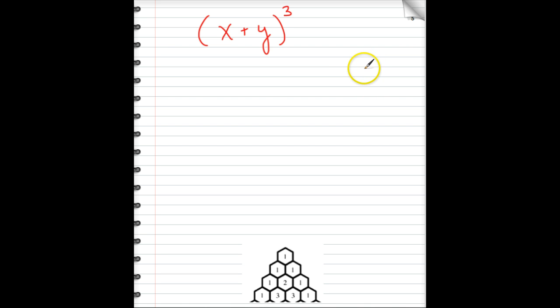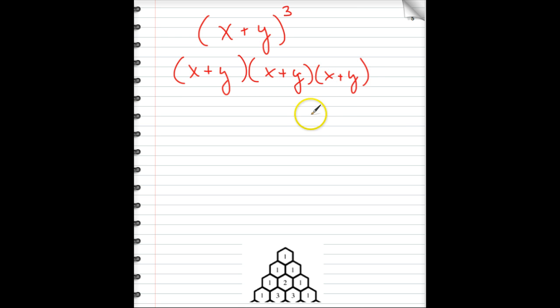Okay, here again we have our simple binomial of x plus y, but this time we're taking it to the third power. So I'm going to write it out as the three multiplications, x plus y times x plus y times x plus y.